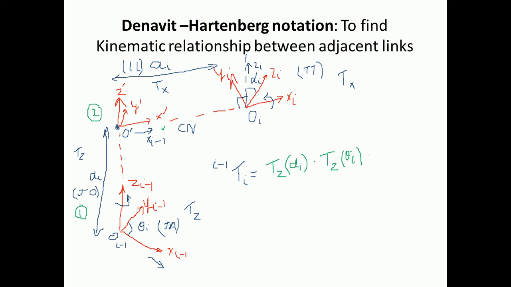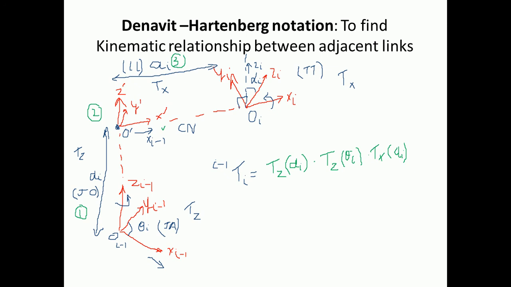Next we do translation about x axis, in x direction, and the parameter is represented by ai, and this is called the link length.